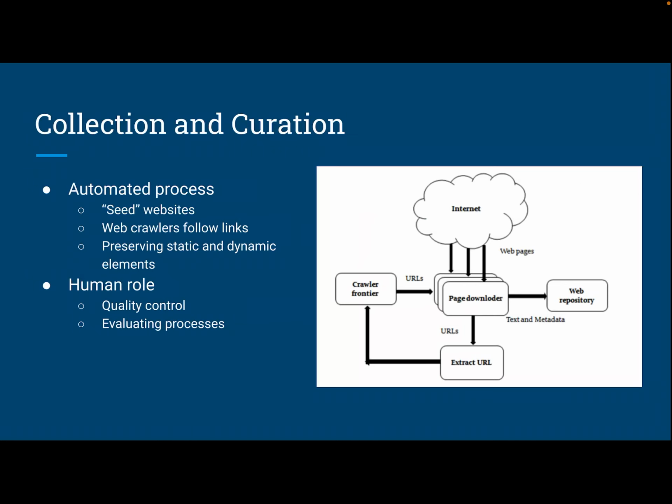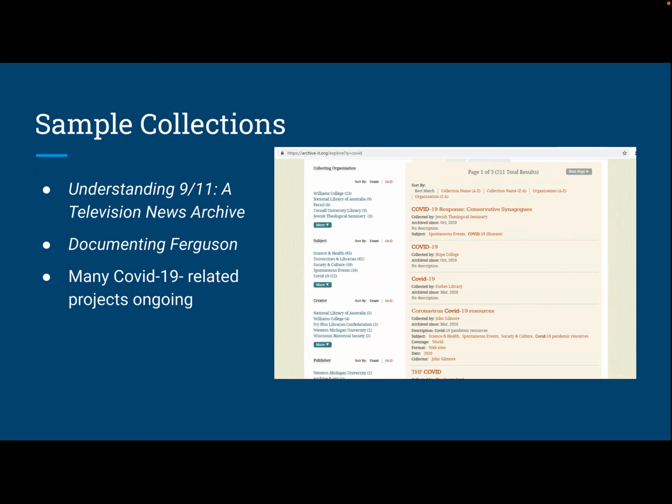of the intended collection. Here are a few sample collections, examples of small web archives. One of the early ones, which was created by Internet Archive, is Understanding 9/11, a television news archive. More recently, there's Documenting Ferguson, and this screenshot here shows many of the current COVID-19 related projects.